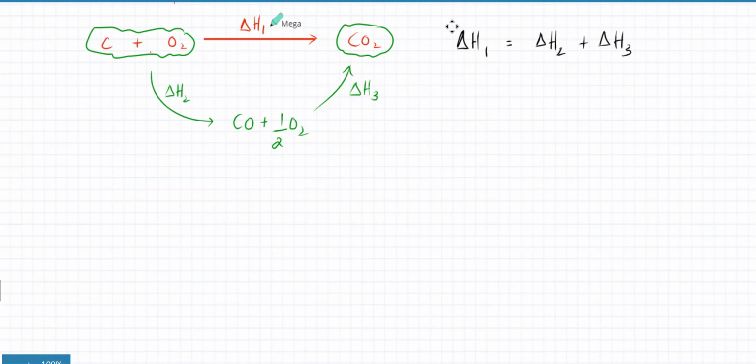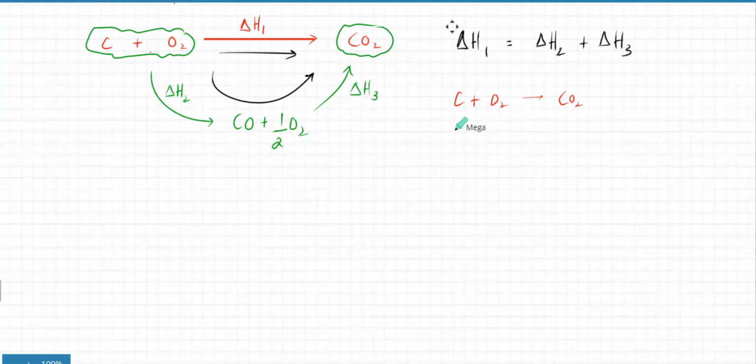So there's path 1, and then there is this other path. And you can always have indirect routes for any reaction. The good thing about Hess law is that it connects three completely separate reactions together. A Hess cycle does that. For example, over here, you had three separate reactions. You had carbon reacting with oxygen and it was producing carbon dioxide.